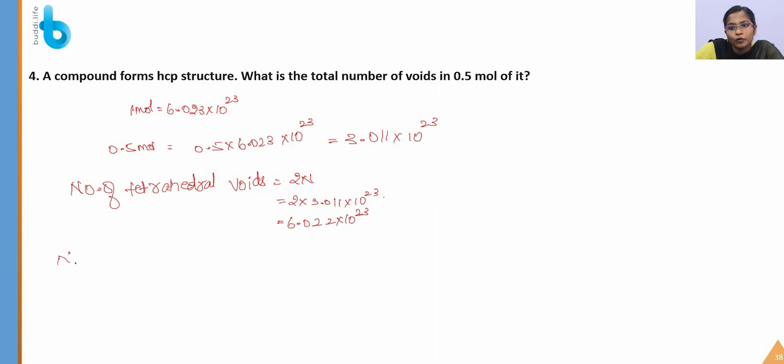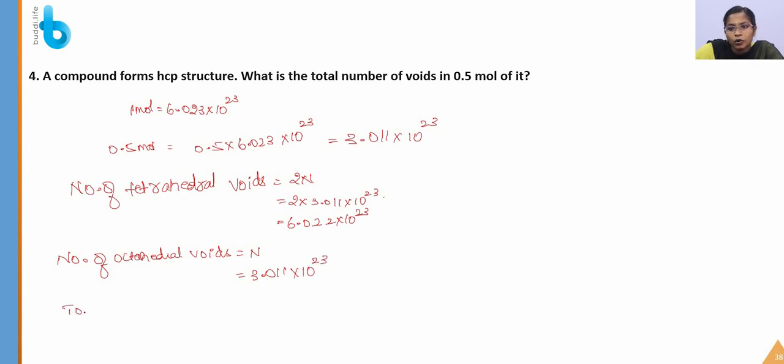And then the number of octahedral voids is equal to the number of particles, right? So the number of octahedral voids is equal to n. So this is 3.011 into 10 power 23.